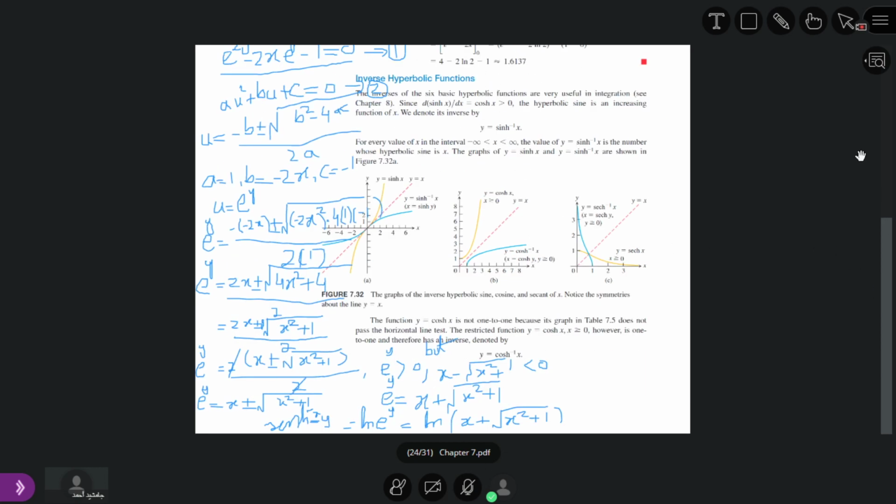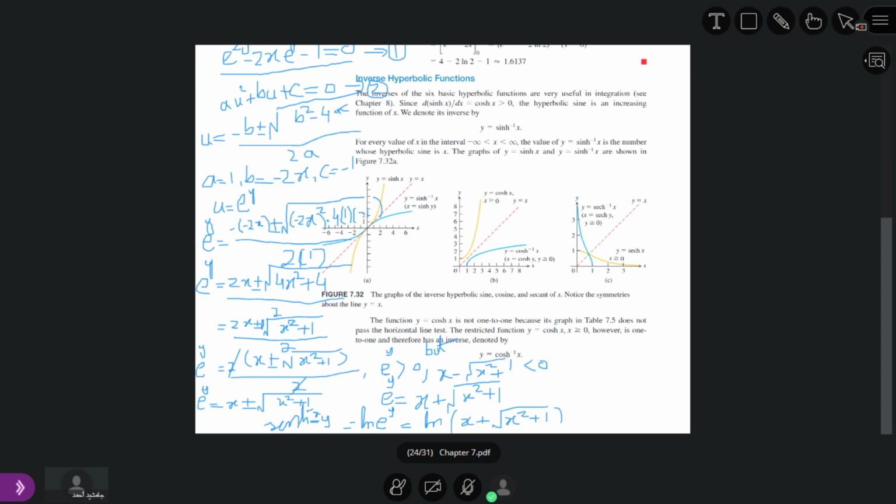I again repeat here: if I have to find sine hyperbolic inverse x, how can we find it?